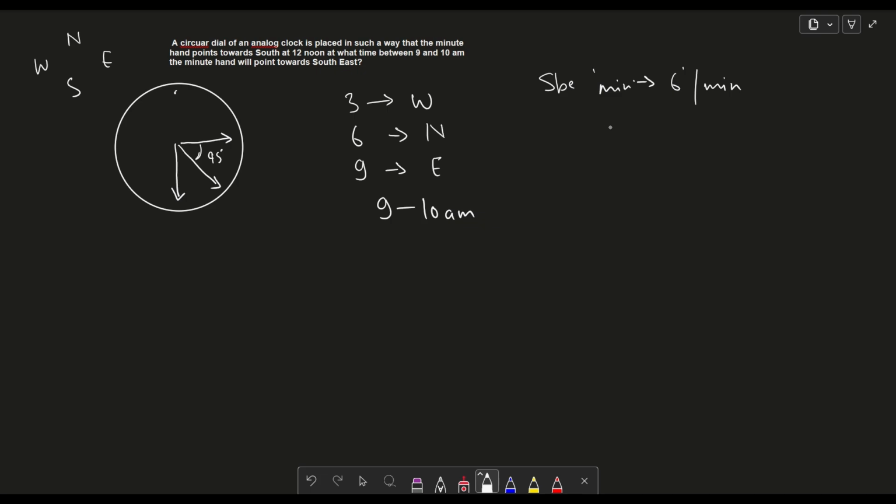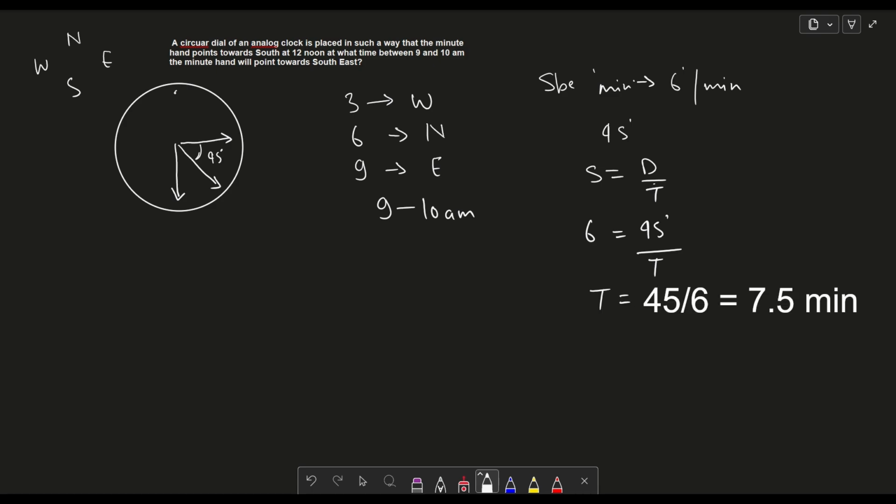And I know my angle is 45 degrees. So using speed equals distance upon time, my speed is 6 degrees per minute, my distance is 45 degrees, and I don't know the time. From here I can say t equals 45 divided by 6. The time that you get, you have to add to 9. At that time it will point in the southeast direction, okay? So this is the answer of this question.